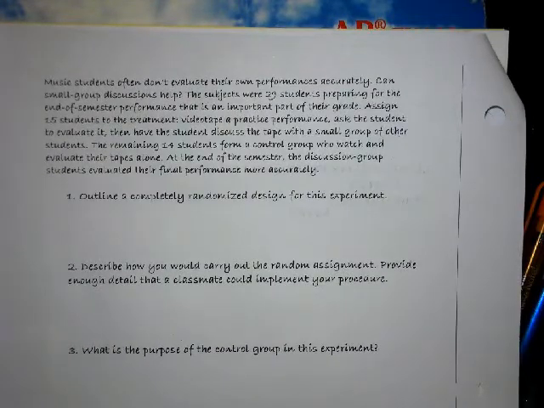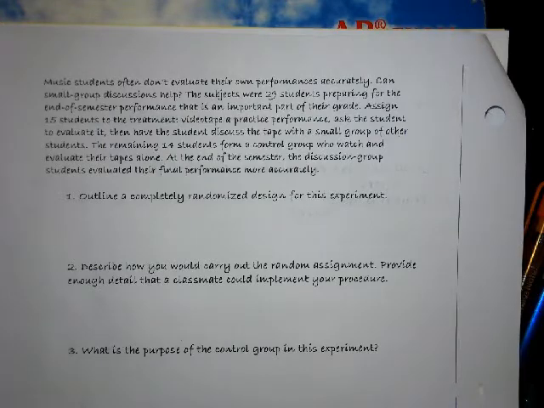So it says, music students often don't evaluate their own performances accurately. Can small group discussions help? The subjects were 29 students preparing for the end of semester performance. That is an important part of their grade. Assign 15 students to the treatment, and then that treatment is videotape a practice performance.